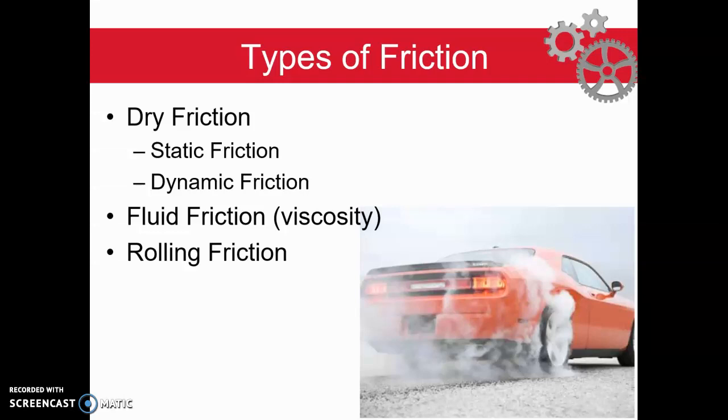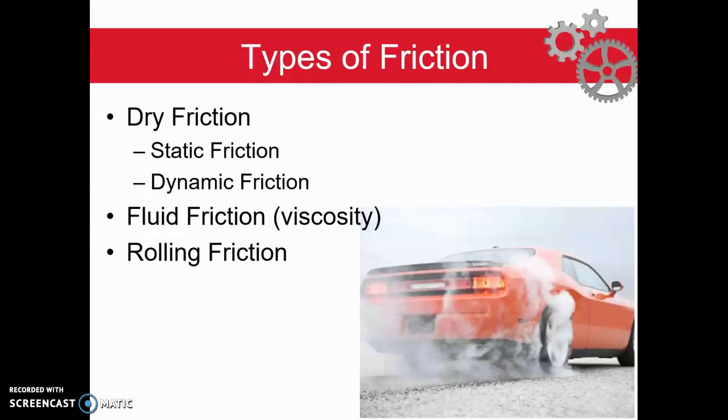And then finally, we have rolling friction. This is of note to engineers because we frequently have wheels or gears or pulleys or other rotating components of a machine. And as that wheel or cylinder rolls, there is a friction force between that rolling wheel and the surface that it's on.